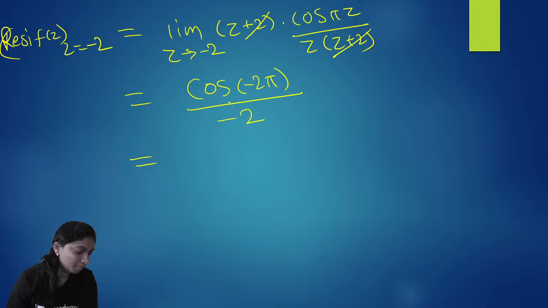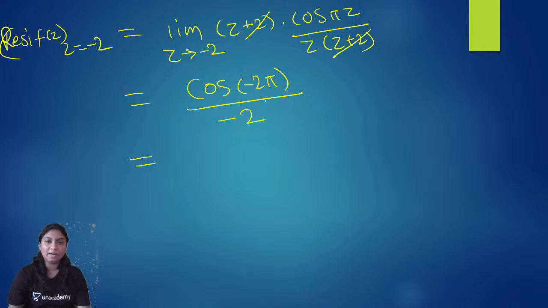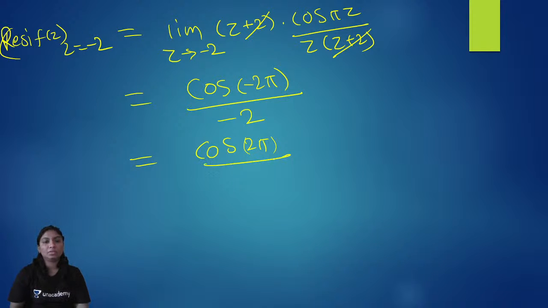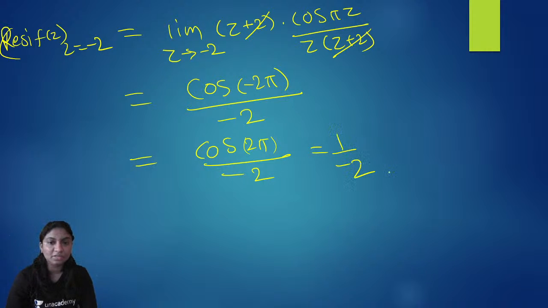Cos of minus 2 pi you will get equal to 1. Cos pi is equal to minus 1 raised to n.